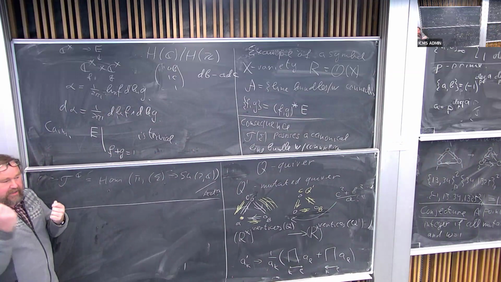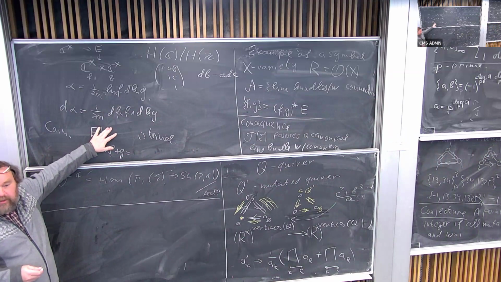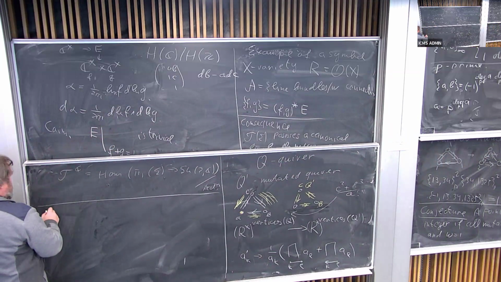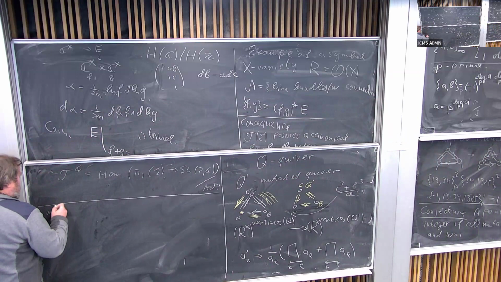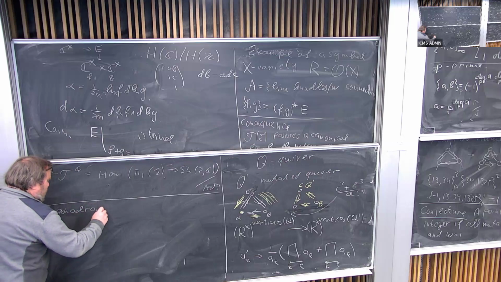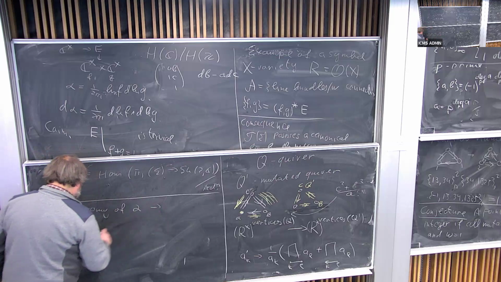You have a connection, so you can compute monodromy, and I claim the following: the monodromy of this connection of alpha is given by the following formula.